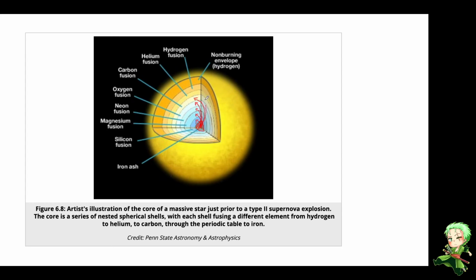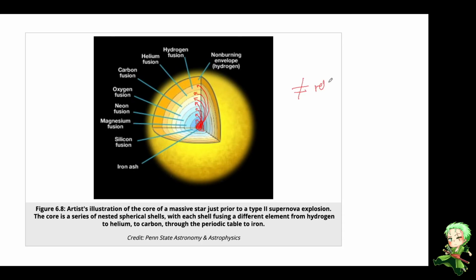This is very essential to life and to the development of the solar system and the universe, because once it reaches iron, fusing iron will not release energy.